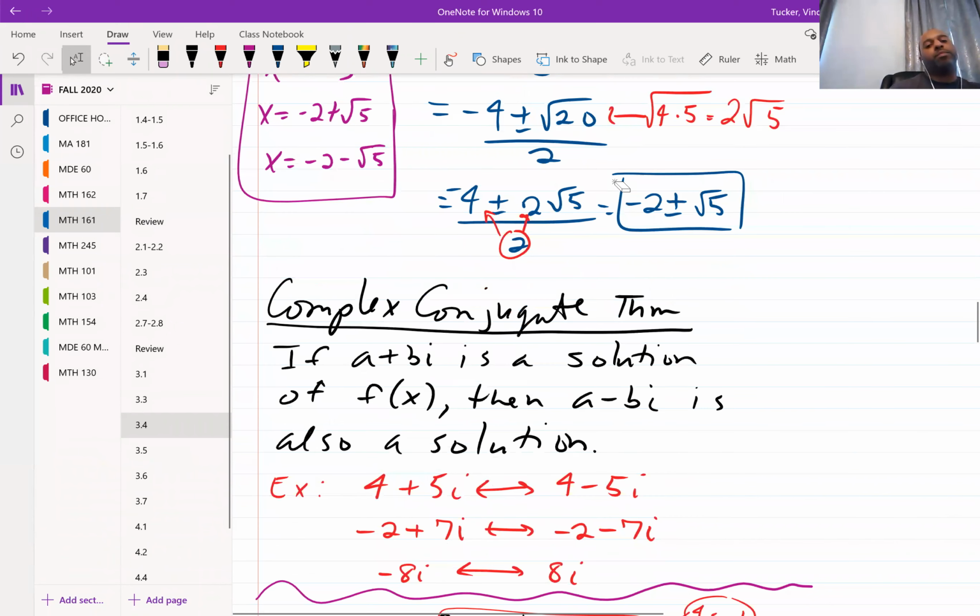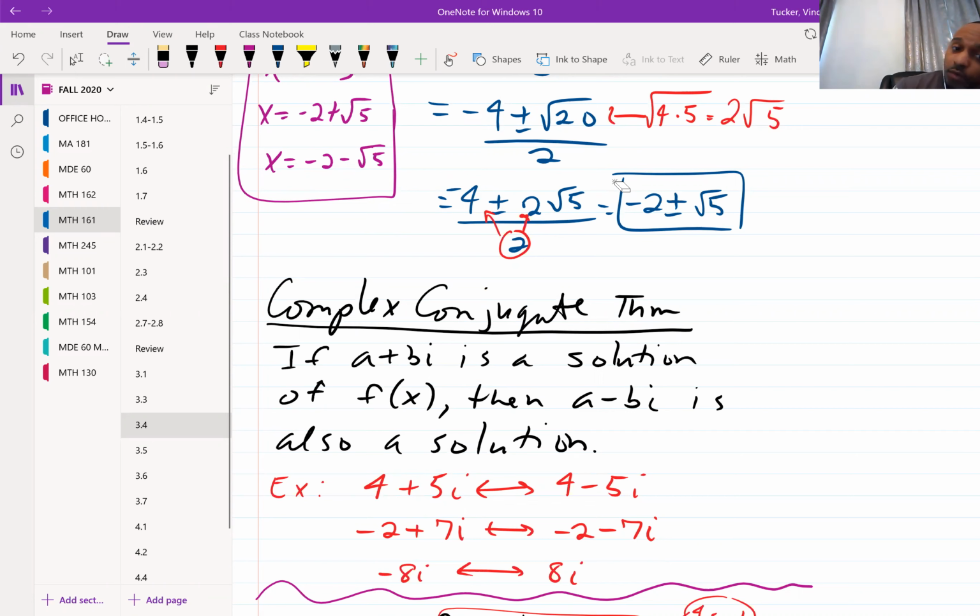Complex conjugate theorem: if a plus bi is a solution of f of x, then a minus bi is also a solution. So your imaginaries don't travel alone if they are solutions. Your conjugate just means you take the sign of your imaginary and use the opposite.